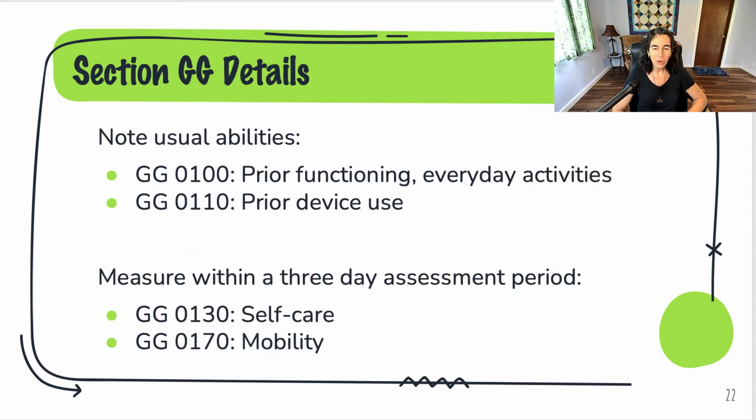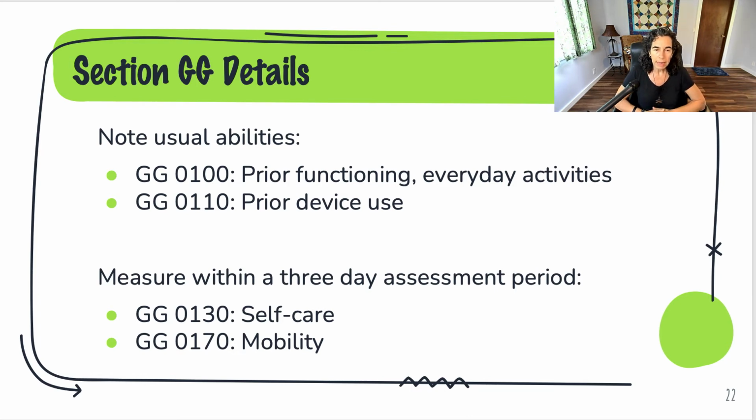Okay, so as promised, section GG details. That is divided into two different little sections. So the first one is their usual abilities. What can they do before they had this most recent condition crop up, illness, injury, etc., right?